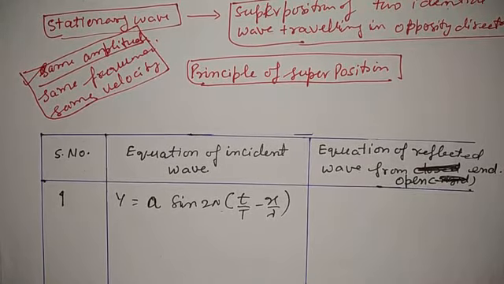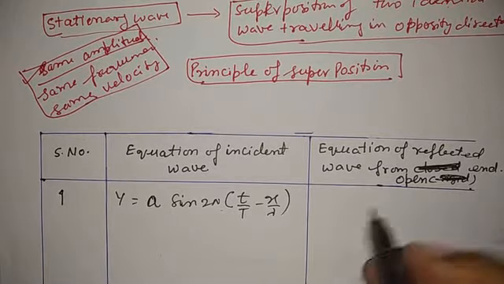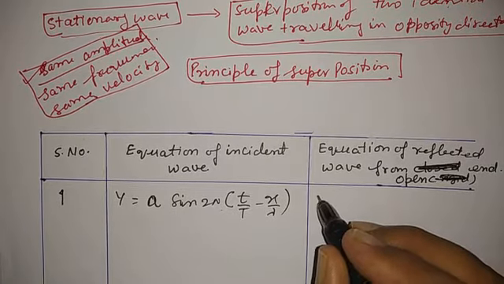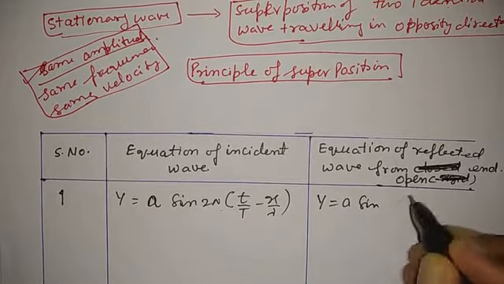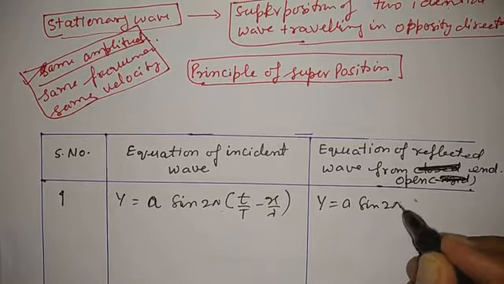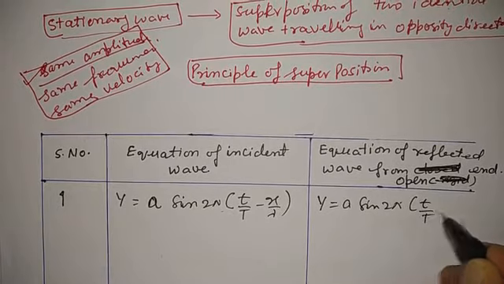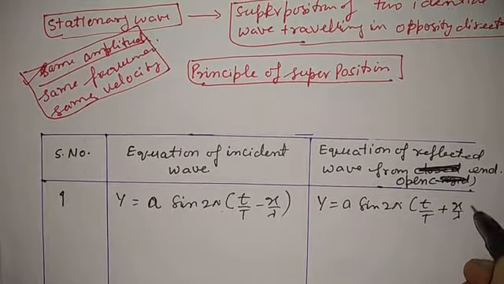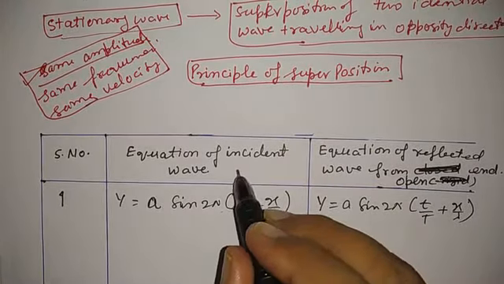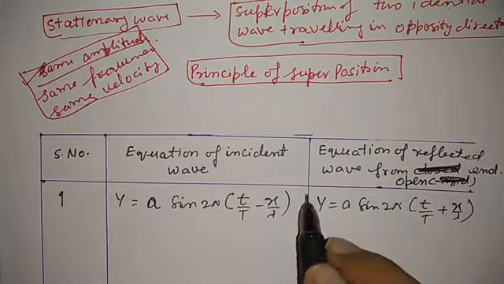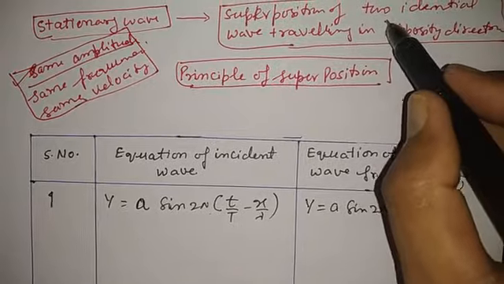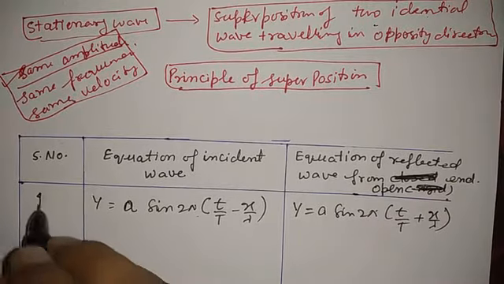And when it is reflected, this equation changes. y is equal to a sine 2 pi t by capital T plus x by lambda. So it is in the direction of plus x-axis and this is in the direction of minus x-axis. In that condition, both will be in opposite directions.